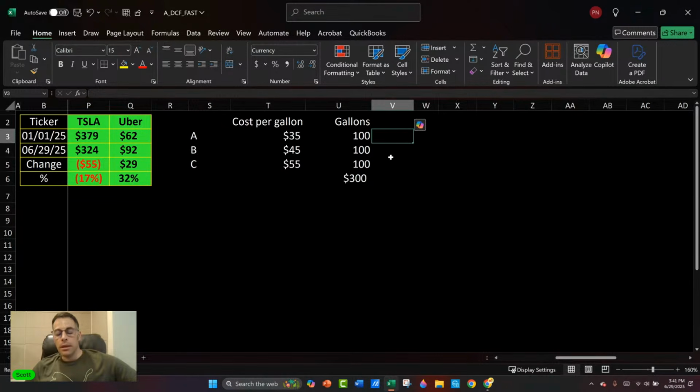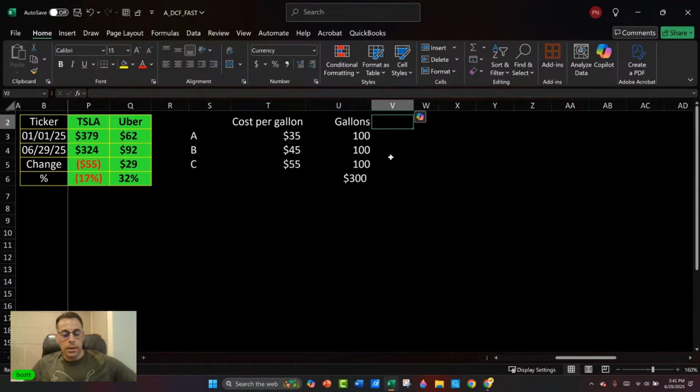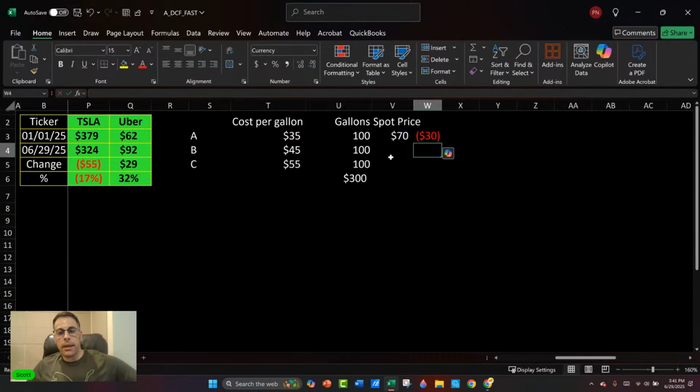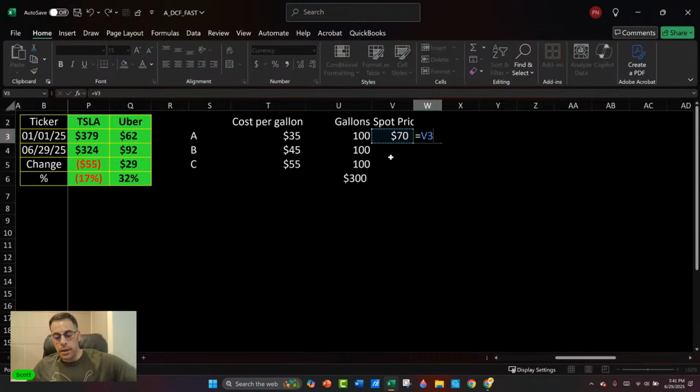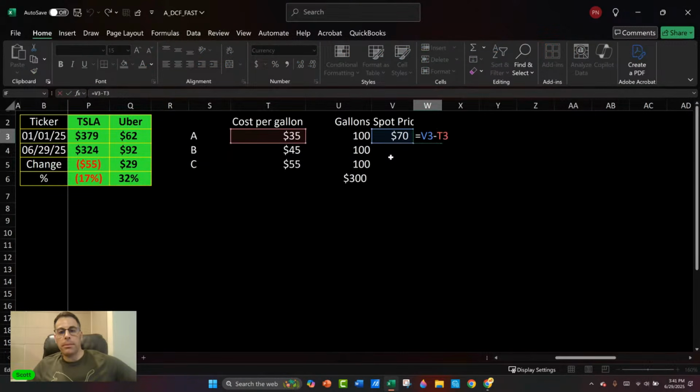So if the spot price was 70, then they're making 100%. It's doubling the price. So 50% margin.